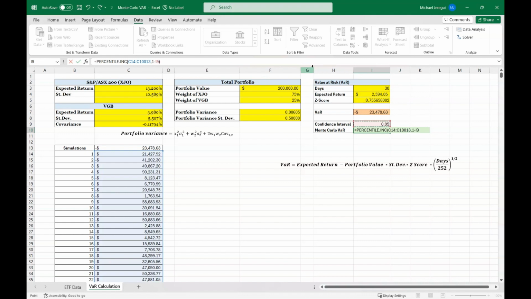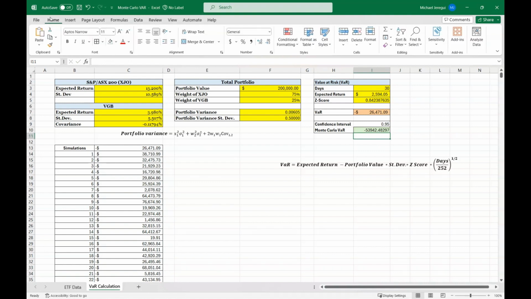So we know that this is our range that we actually want to find, which is right now $5,353,000.